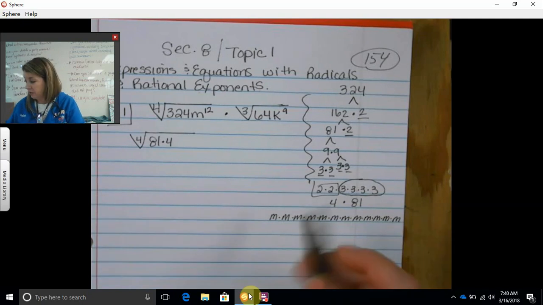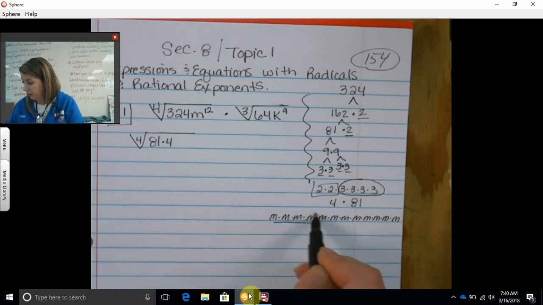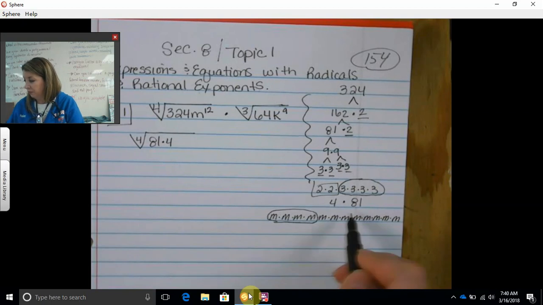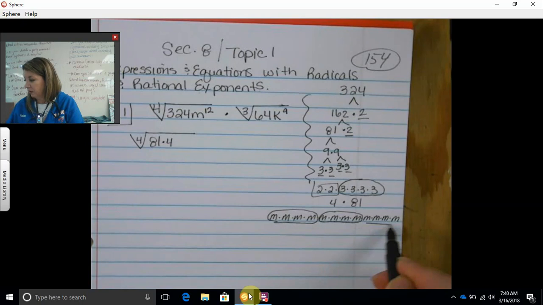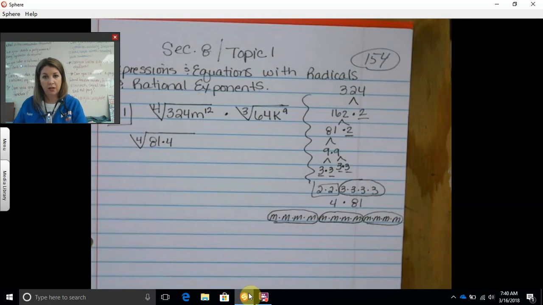Yeah, I got it a couple times, right? So there's a group of 4. There's a group of 4. And there's a group of 4. How many groups of 4 do I have? 3. So when I say what's the 4th root of m to the 12th, what do you think it is?